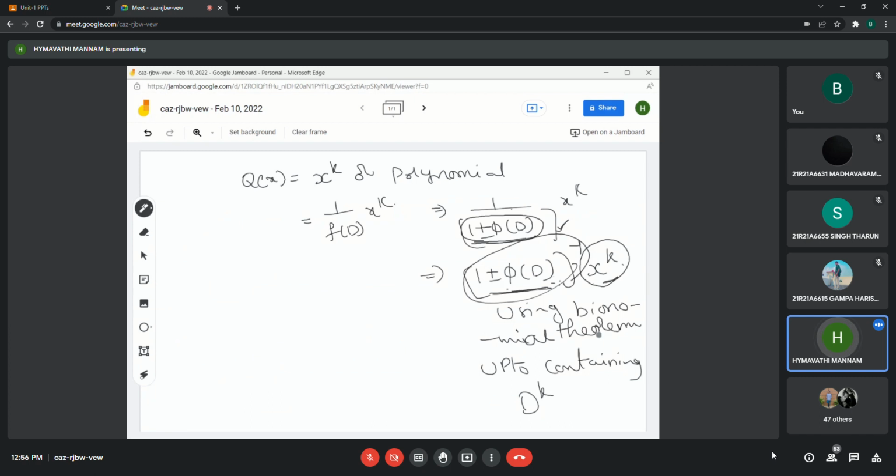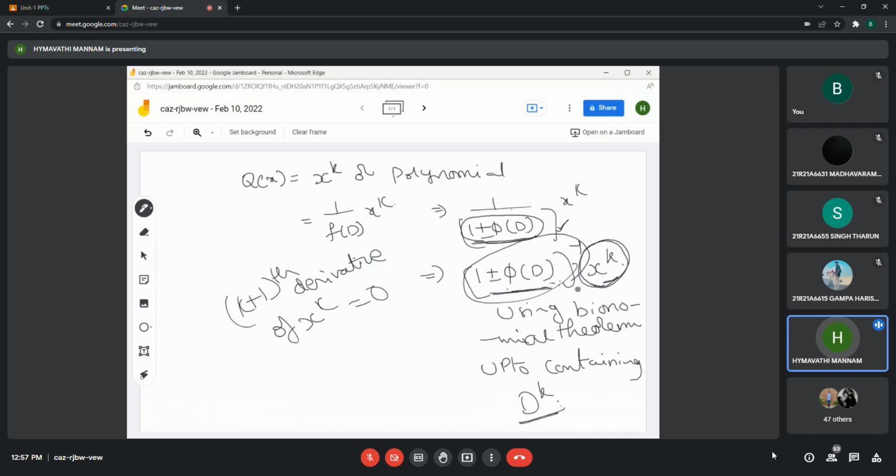Take only up to the terms of D power k, since D power k plus 1, k plus 2 and all higher terms we are neglecting, because capital D means the derivative, and the k plus 1th derivative of x to the power k is 0. So that will give a particular solution.